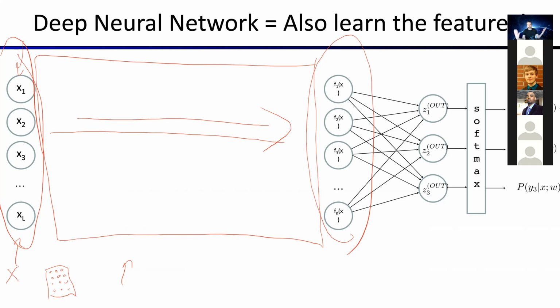So in traditional machine learning, you write a program in order to do this transformation for you. For example, you look at the image and you count how many loops you have, how many edges you have in your image, how many maybe corners you have in your image.